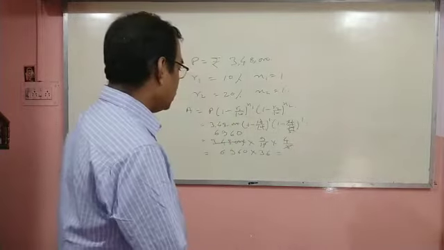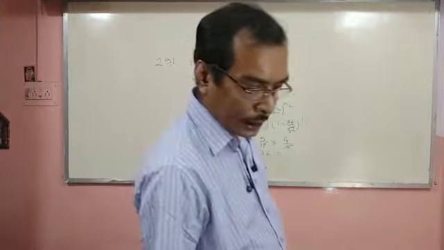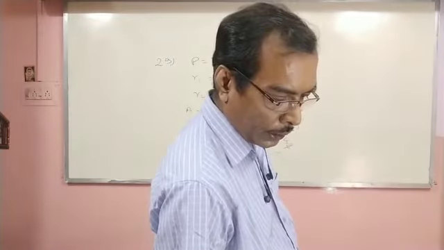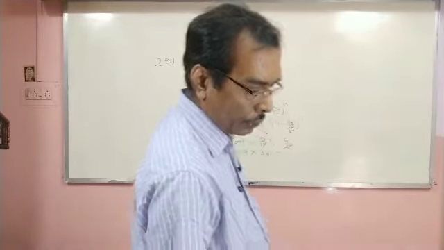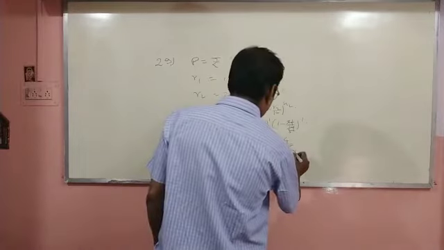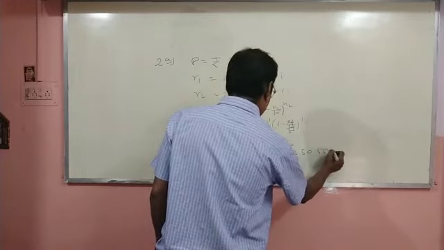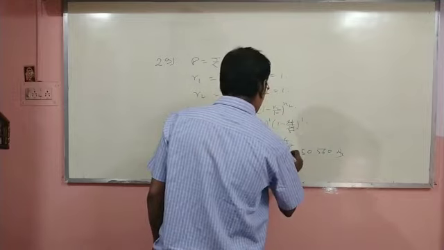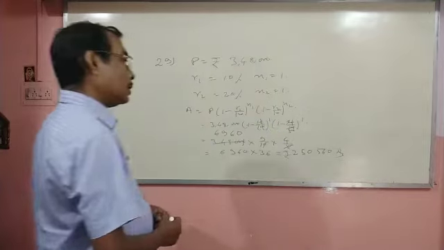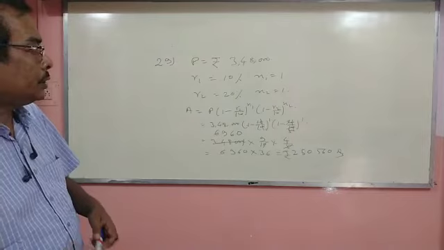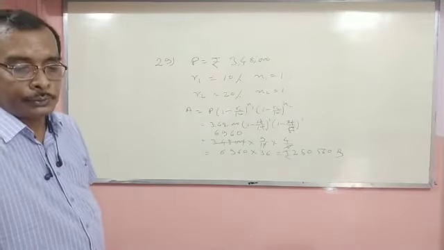Right? So take the multiplication. I think the result will come as 250,560. This will be the final price of the car at the end of 2 years.